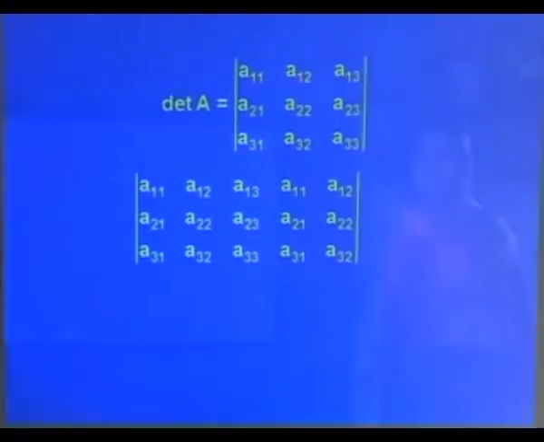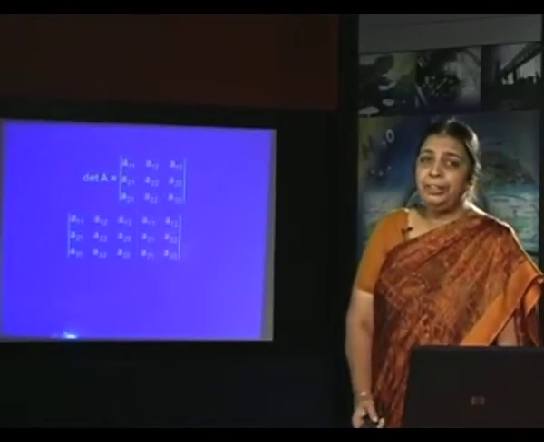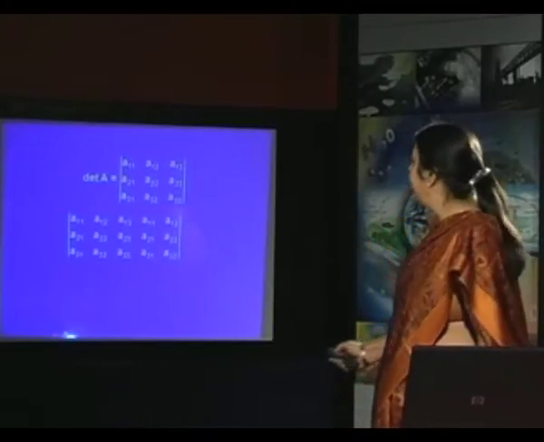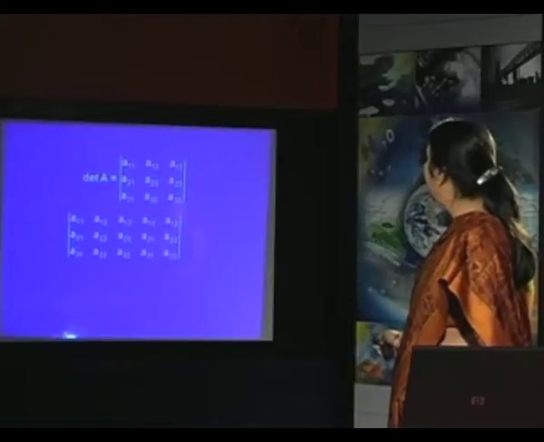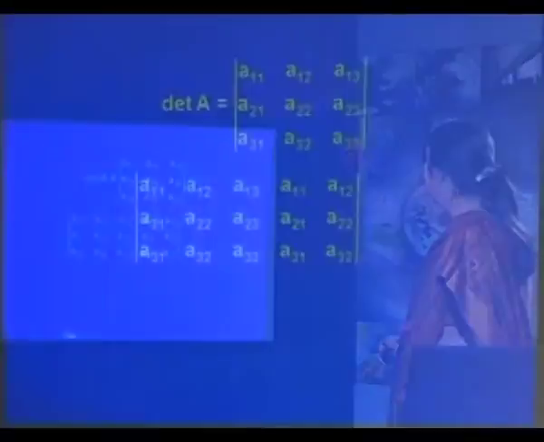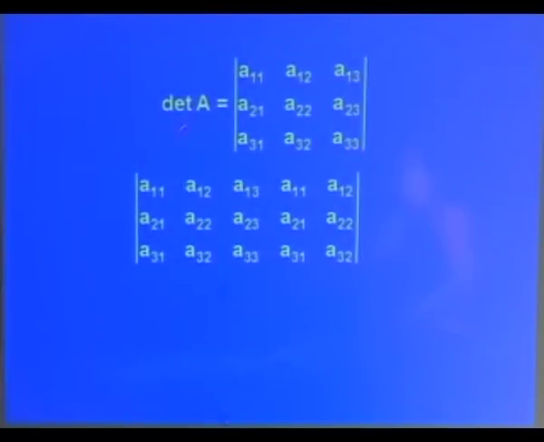What we have done for a 2 by 2 matrix, can we do it for a 3 by 3 matrix? For this, let us consider the 3 by 3 matrix A11, A12, A13, A21, A22, A23, A31, A32, A33. To evaluate this determinant, what one can do is repeat the first column here and the second column here.